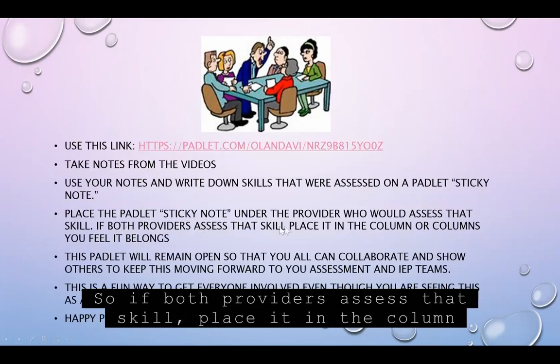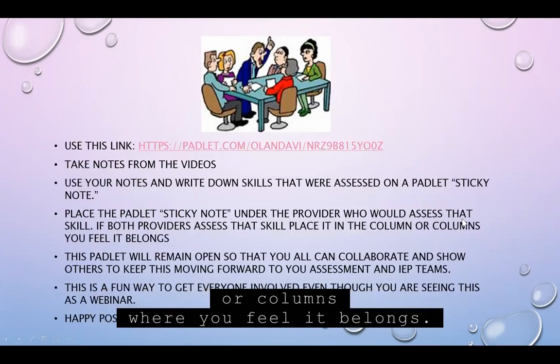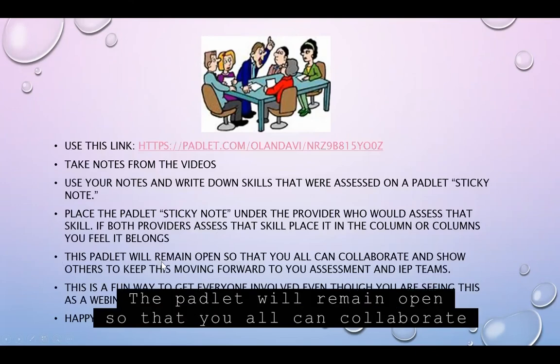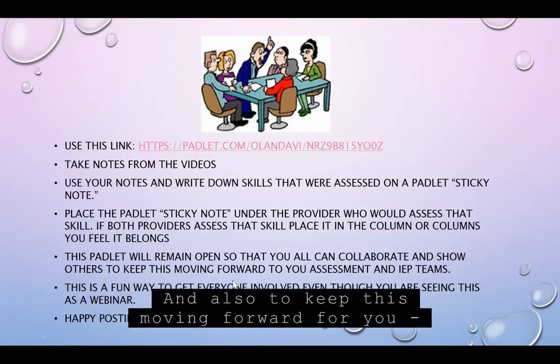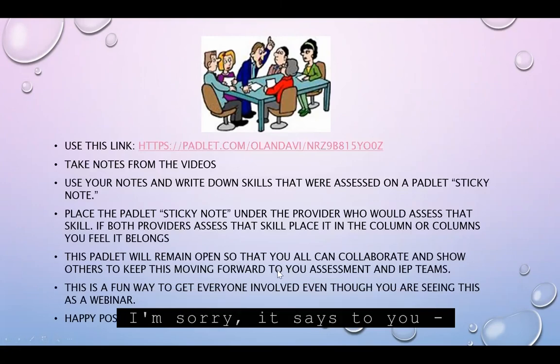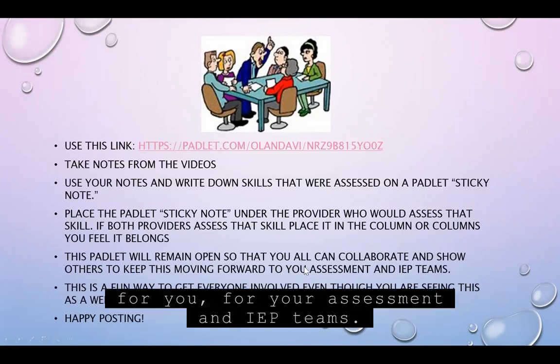If both providers assess that skill, place it in the column or columns where you feel it belongs. The Padlet will remain open so that you all can collaborate and show others, and also to keep this moving forward for you, and for your assessment and IEP teams.